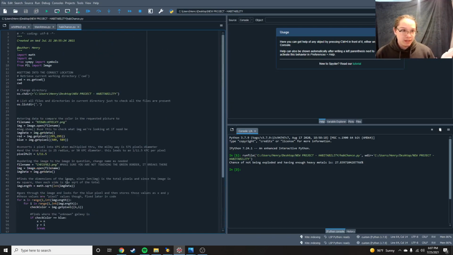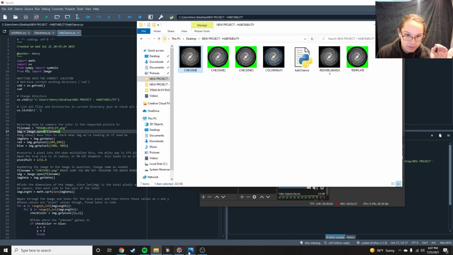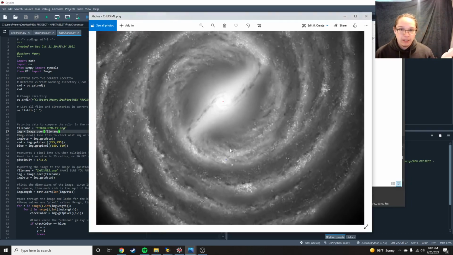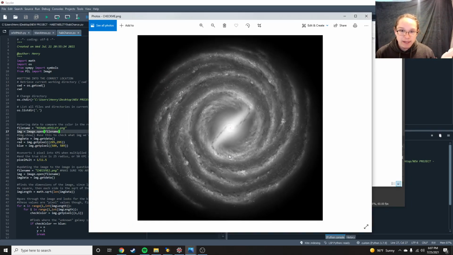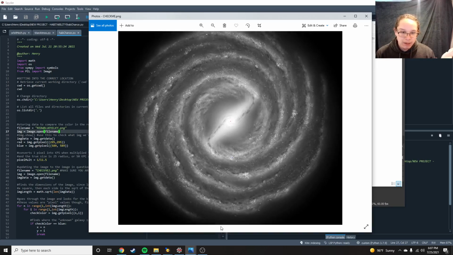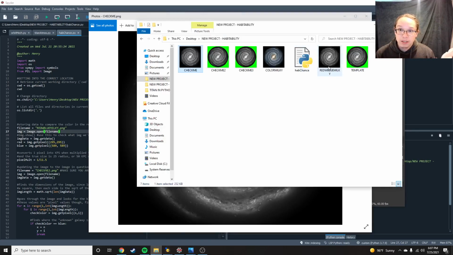Now the real tricky thing was getting an image and turning it into points, so I could get the distance from those points. What I first did is I created an image with the Milky Way, which I can show you here. This one. It's just the Milky Way. It's black and white. Here it is.